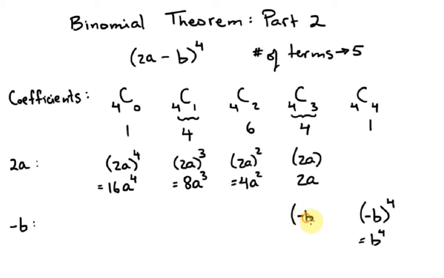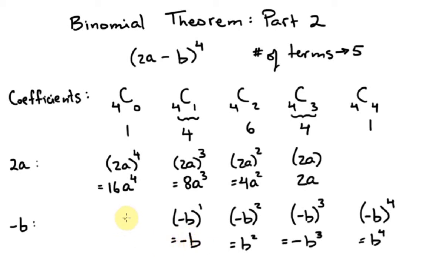In this term, it's negative b cubed, so that's going to stay negative b cubed. Then the next one is negative b squared, which we know is going to turn positive. And this one's going to be negative b to the 1, which will stay as negative b, and then it disappears.